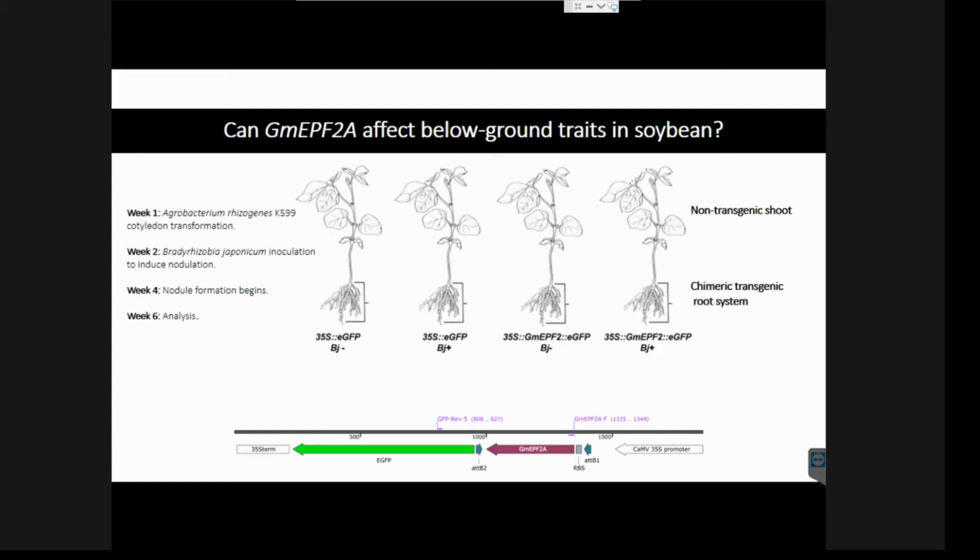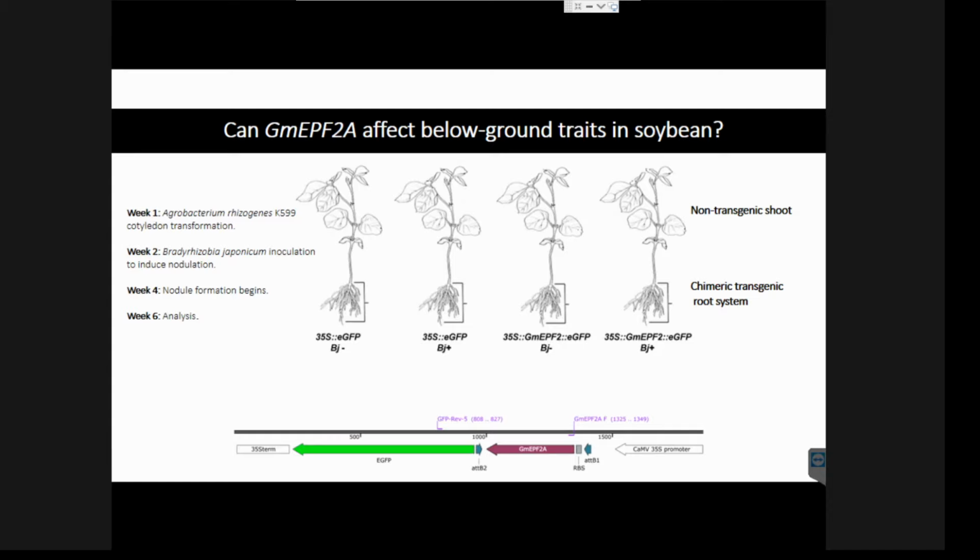And then you just use an empty vector overexpressing GFP to detect which roots are transformed. And you then fuse your EPF2 with this GFP, again to see which roots are transformed in your actual experiment. So this EPF2 was from soybean.